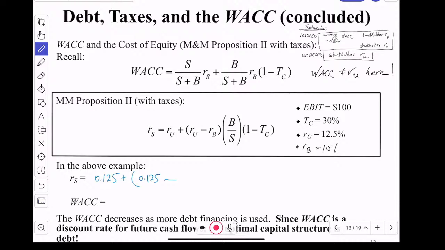So this is minus RB times debt over equity.